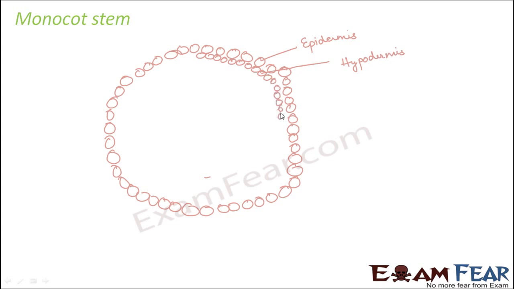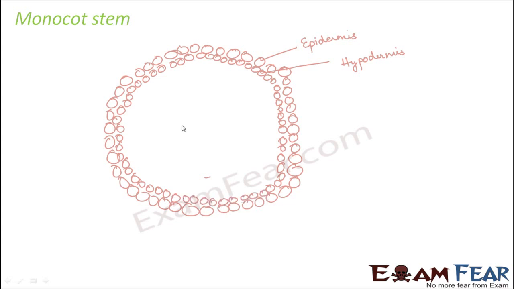This is also present throughout under the epidermis. Now here again the function of epidermis is to prevent water loss, to prevent infection, to protect the stem from all external damages and infection, right?